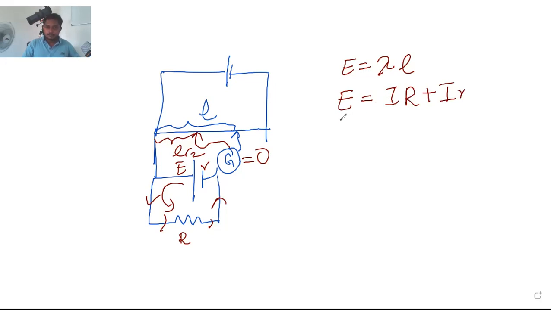Here, E is equal to lambda L, and here we have this potential, which is half of the L plus IR.